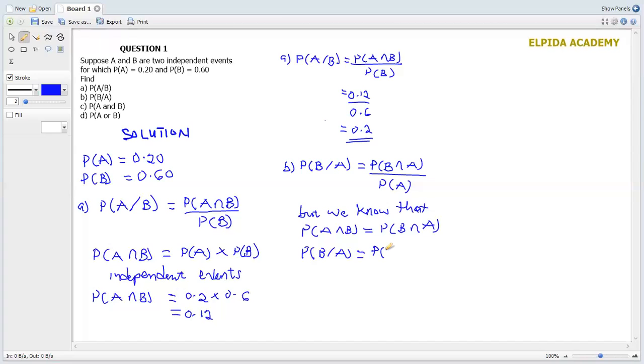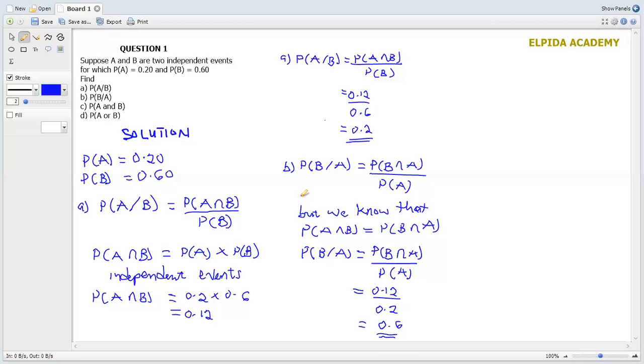I can write B intersection A all over the probability of A, and this gives us 0.12 all over the probability of A, which is 0.2, and this will give us 0.6.